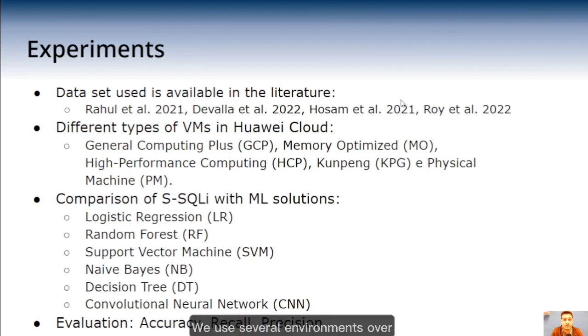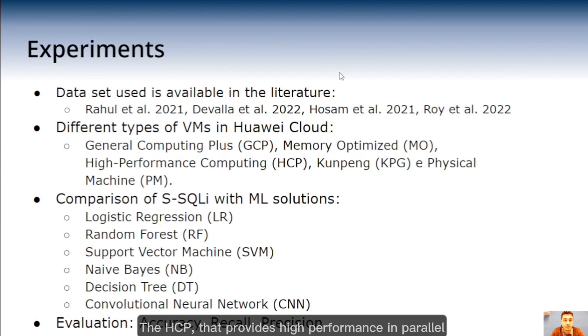We use several environments over the Huawei Cloud virtual machines to run this project. It includes the GCP, which provides a balance between resources like memory, network, and processing. The IMO is a machine optimized for memory, for applications that need many calls to memory.